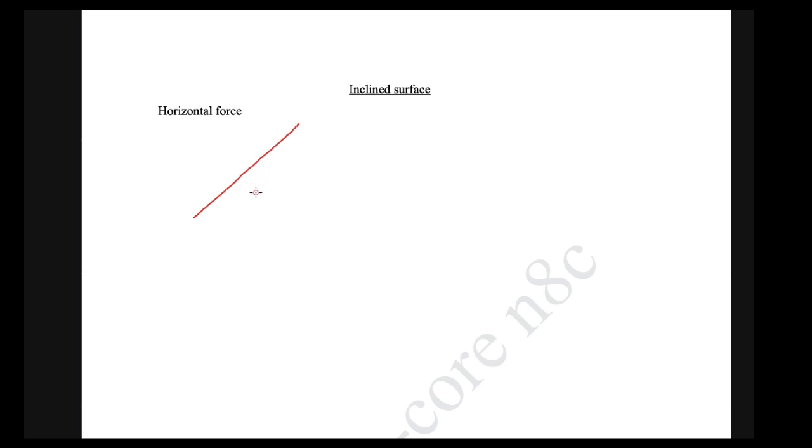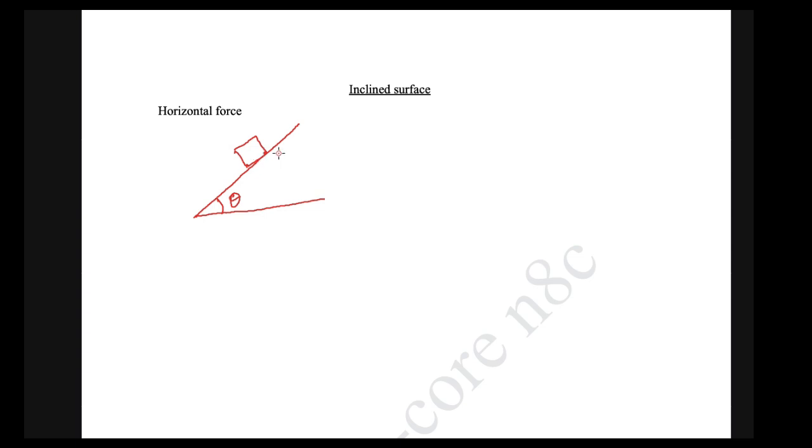Inclined force is about how the force is being applied to the object. But for inclined surface, the surface on which the object is lying is itself at an angle to the horizontal. So let's say this object is placed at an angle theta to the horizontal, and this is how the object is. So this is different from the last case, and it has a particular concept that you must fully understand.